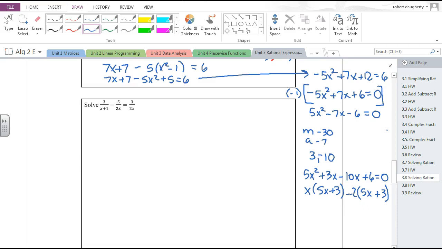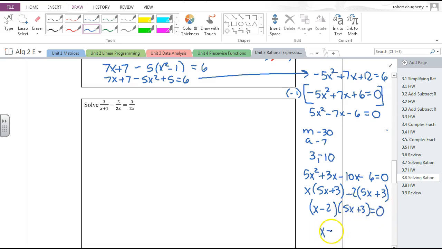Wait. I made a mistake here. That's a minus 6. So it's a plus 3. So this is what, x minus 2 times 5x plus 3 equals 0.